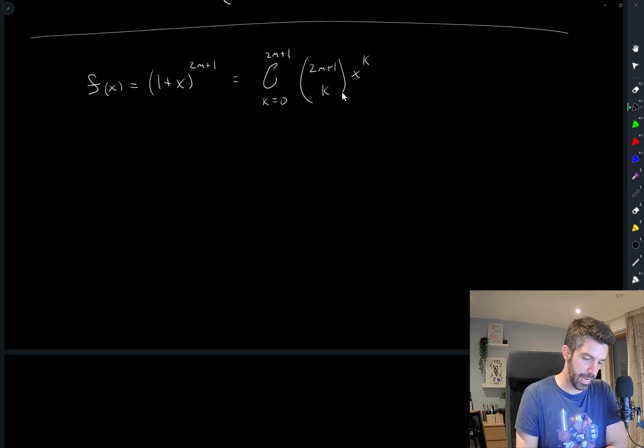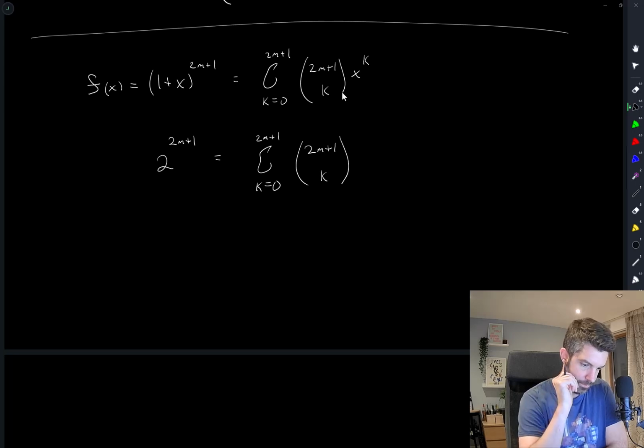So if I just substitute x equal to 1, I now have 2 to the 2m plus 1 equal to the sum, k goes from 0 to 2m plus 1, of 2m plus 1 choose k, and oh, but my inequality is going the wrong way again.